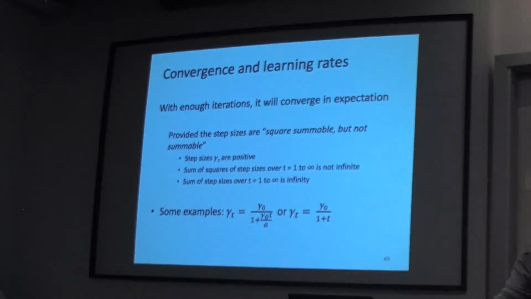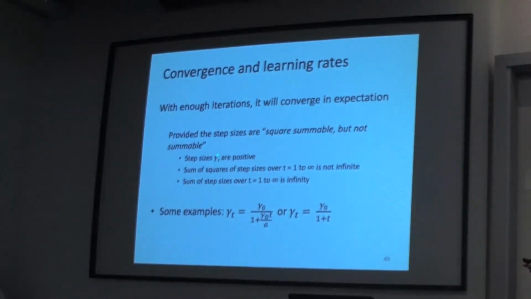So here are the commonly used settings of gamma t that can guarantee your stochastic optimization reaches the function optimum with probability 1. Right? So what are these requirements?